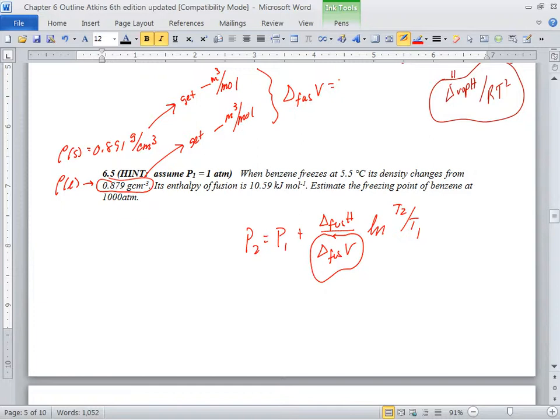And I think that's what screwed me up when I did this the first time, because I think you end up with a negative sign, if I remember this right. Maybe, maybe not. But anyway, it's freezing, so definitely it's going from liquid to solid. So that means this should be final minus initial, right? Whether it's positive or negative, it should be positive, I would think.